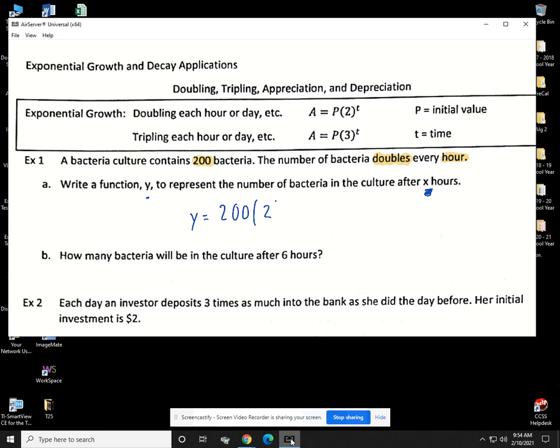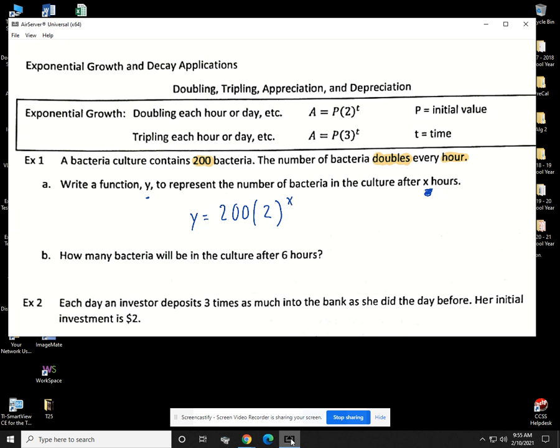The 2 is just a part of the formula. And then, of course, we said already to put x into t's position because it represents time in hours. So my equation is simply y equals 200 times 2 to the x. And that's it. Okay? Very simple formula.